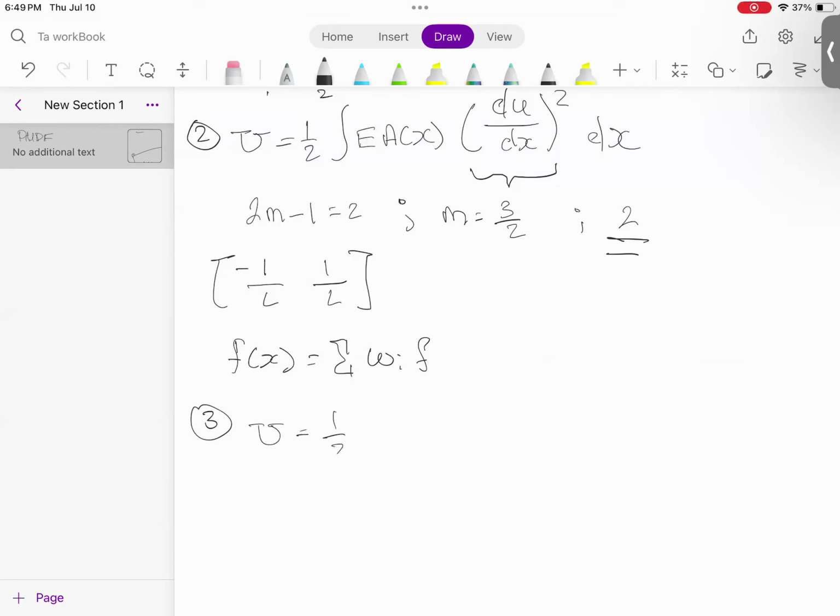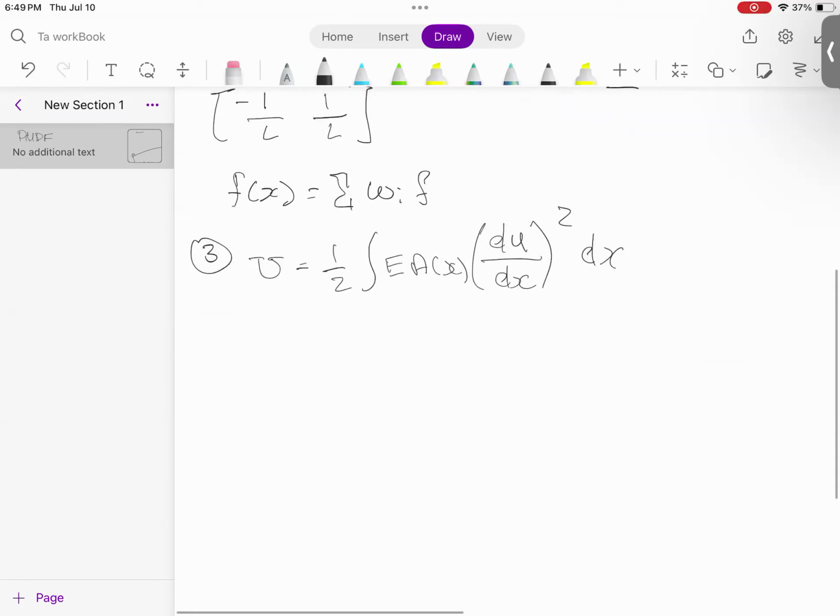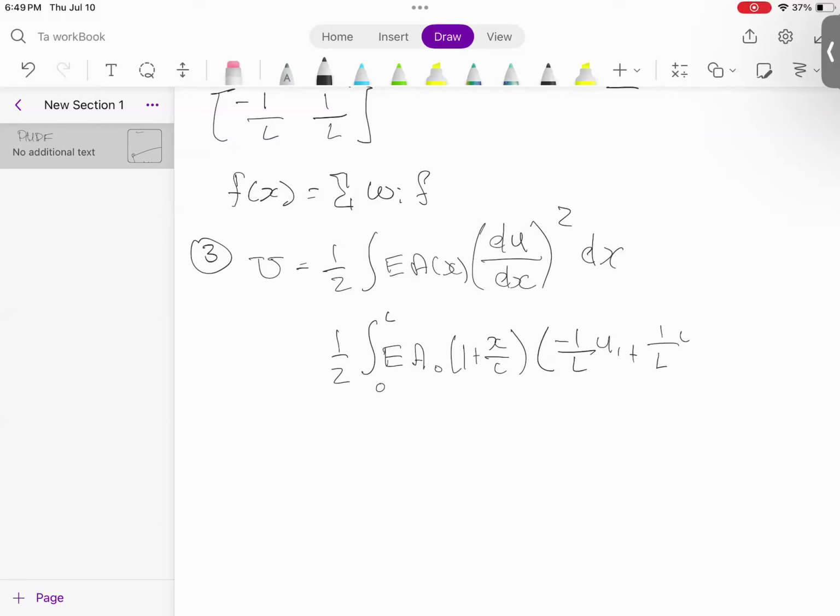U is equal to 1/2 the integral of E A of x (du/dx) squared dx, which becomes E A naught times 1 plus x over L. Bringing in the integration here, 1/2, and then du over dx squared turns into negative 1 over L u1 plus 1 over L u2, squared.